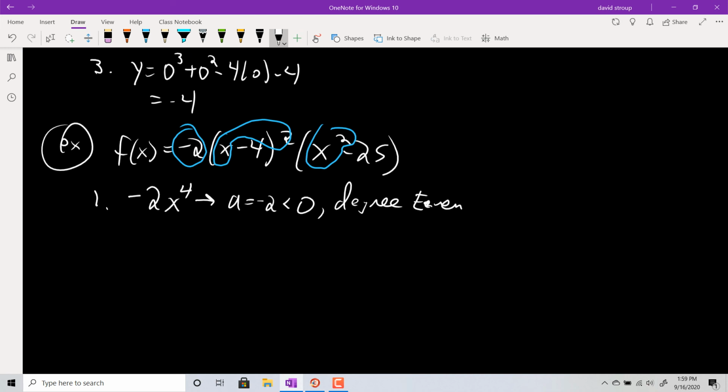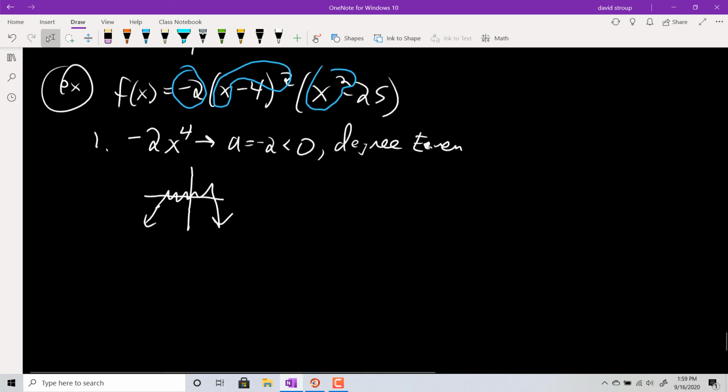Okay, so the end behavior will be a sad face type. Okay. Secondly then, get the x-intercepts. You could read those directly off of the equation. So you'll have x is 4 from the second factor, and it has multiplicity 2 because of that exponent.